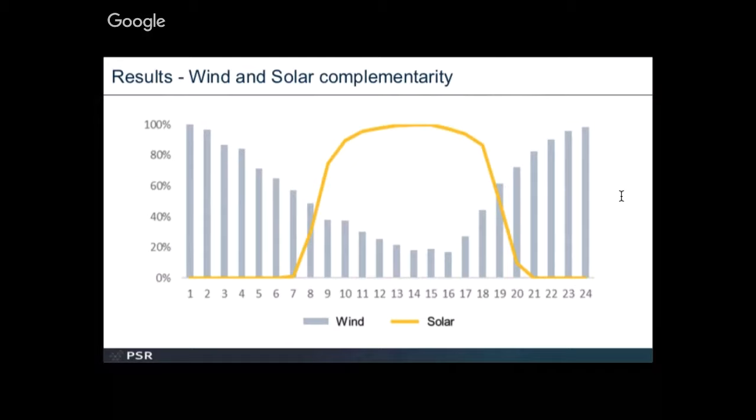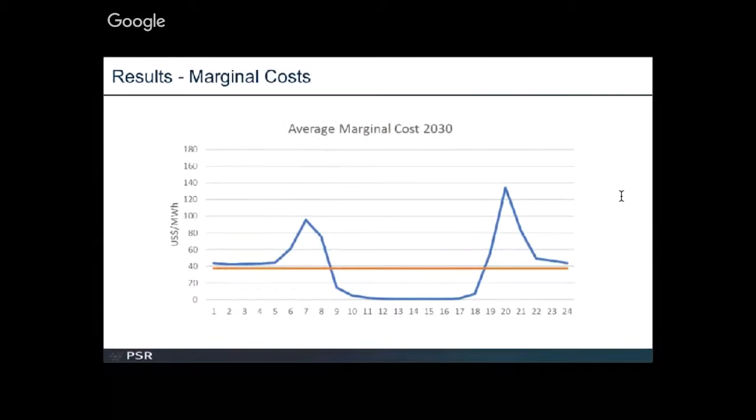So it does not bring so much benefit to the system. But wind plants that generate during the night, even if a little bit more expensive, bring more benefits to the system. That's why the wind plants begin to penetrate after 2027 in this study.